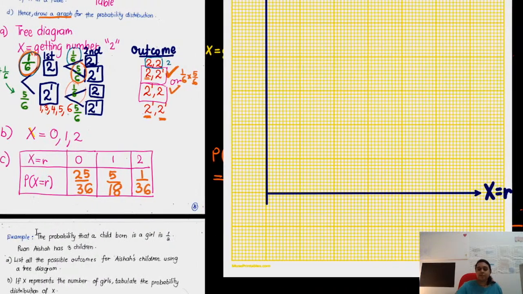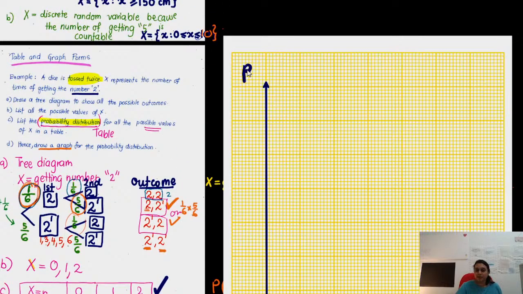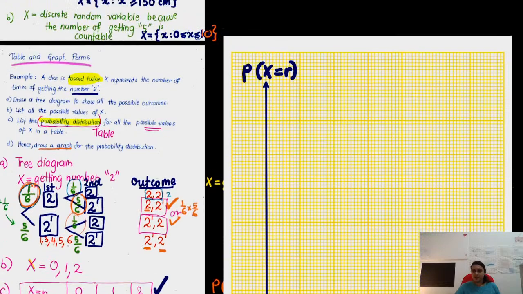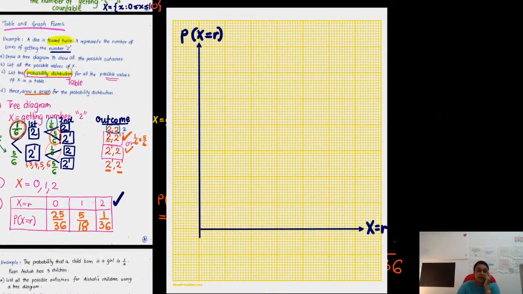Where do I take that from? You take from here, x equals r. For the y-axis, it is the probability, so you just copy whatever you did from the table.